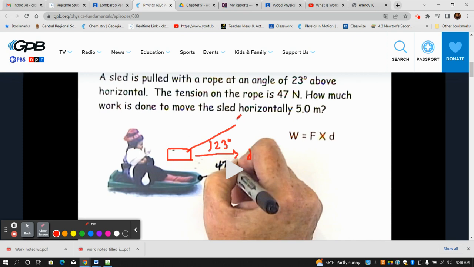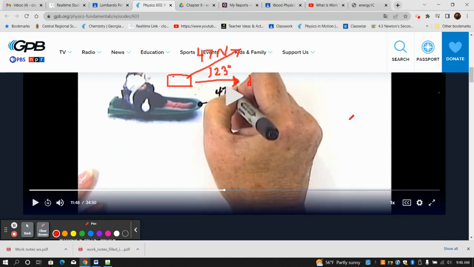Since I'm applying the force of 47 newtons in this direction, we only care about the force component that is in the same direction as our displacement. That is where you would need to use the cosine function.